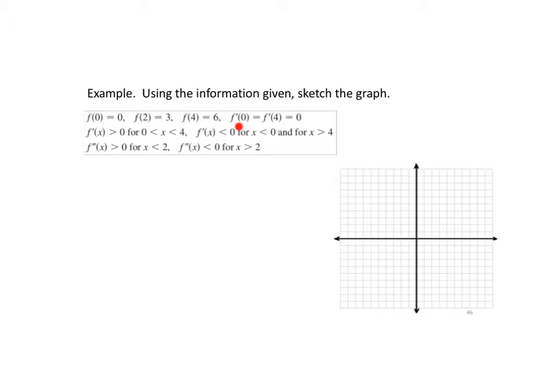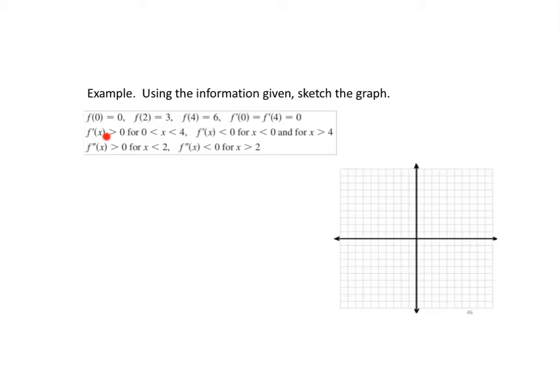We're given that f prime of 0 and f prime of 4 are both 0, which means we have horizontal tangent lines there. We saw the three different possibilities that could look like. It could either look like this, or like this, or like that.